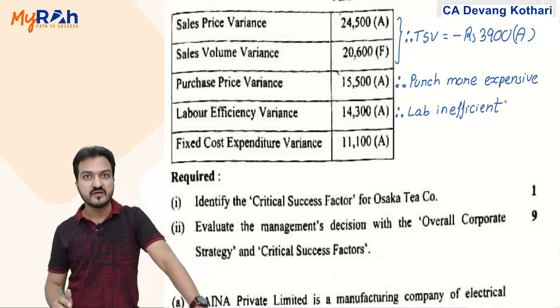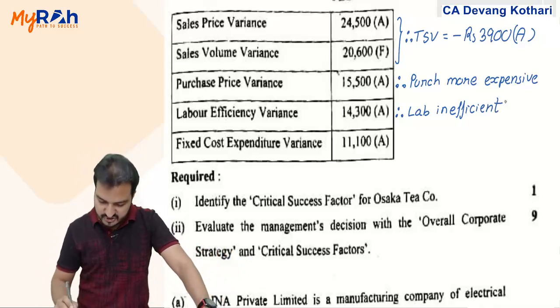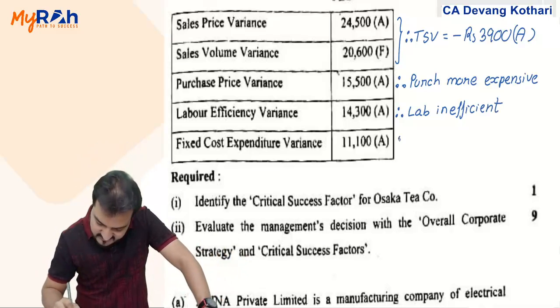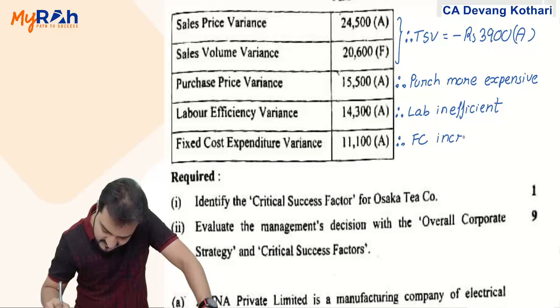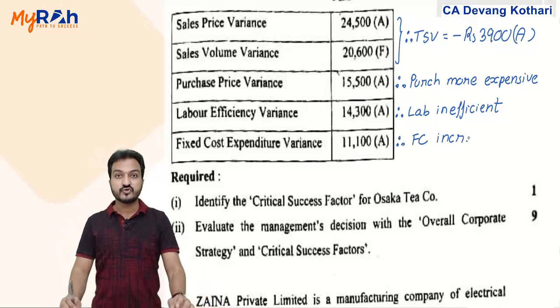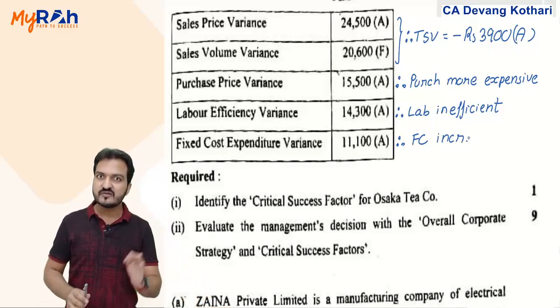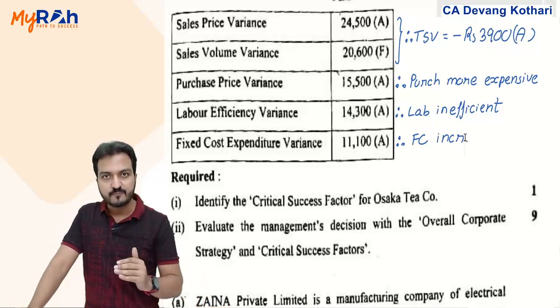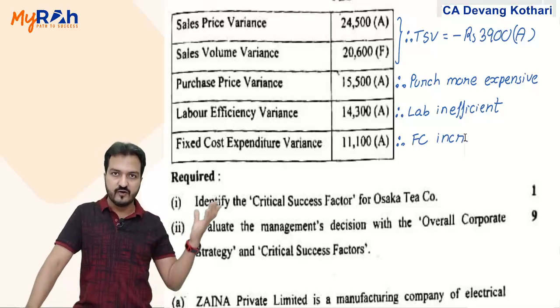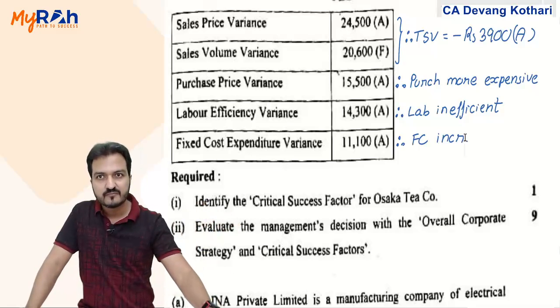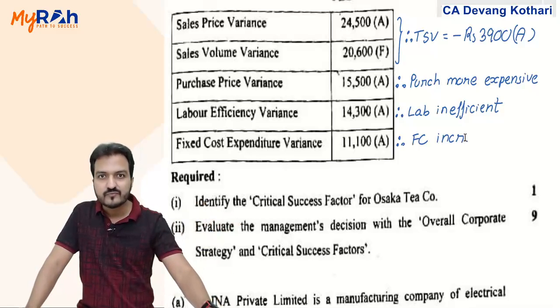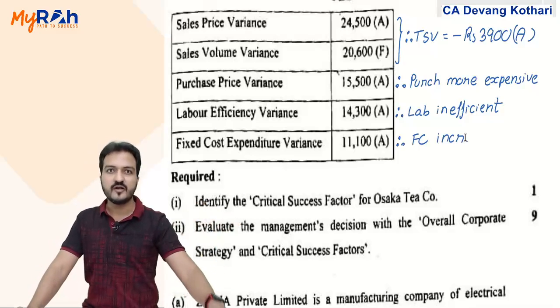Labor efficiency decreased. And fixed cost expenditure variance, expenditure variance means budget variance, means fixed cost also increased. So it seems that the management decision of decreasing selling price has given more adverse than favorable. So is that a good decision the management took? No. This is what we need to comment.